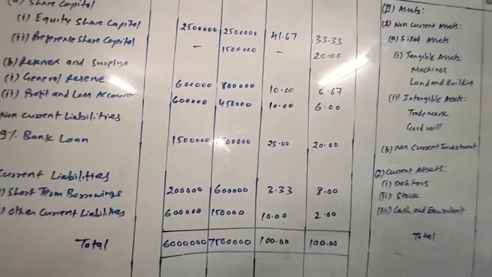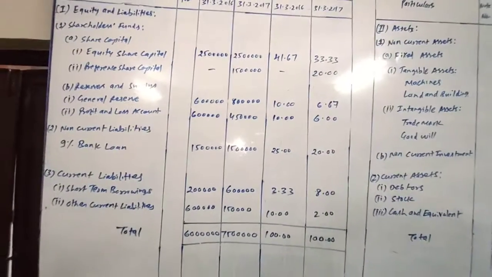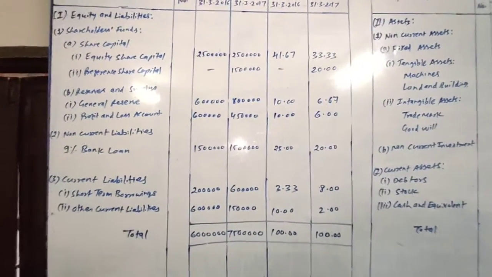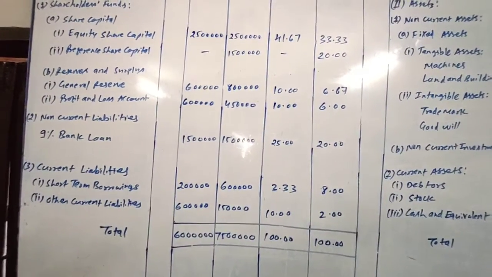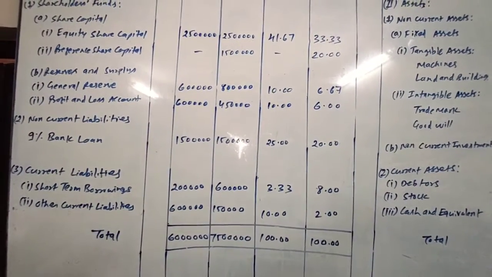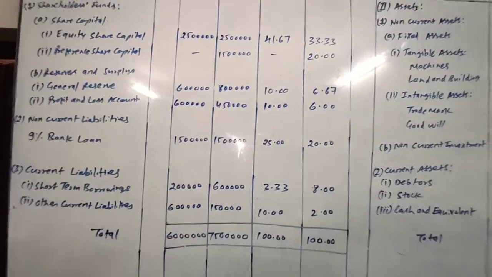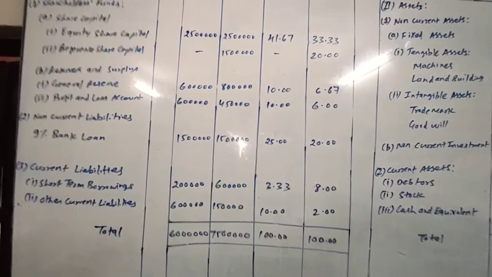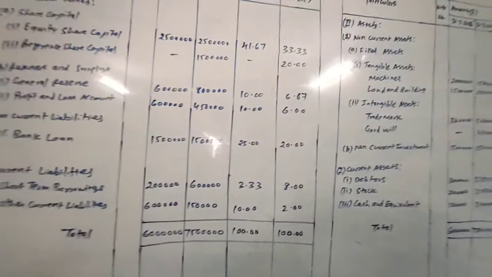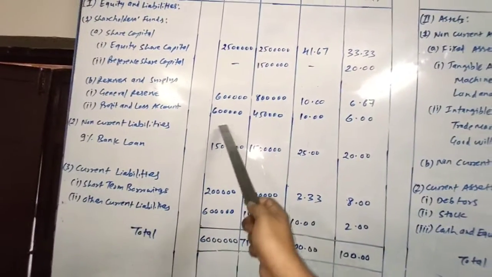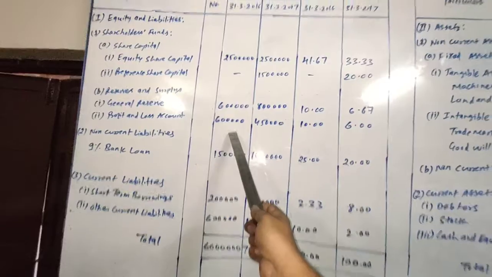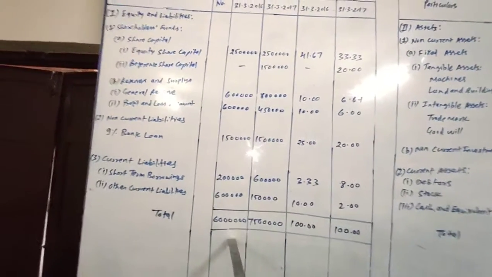And 8 lakh in the year 2017, so 8 lakh upon 75 lakh, which is the total of 2017, into 100, we get 6.67%. So 6.67 in the column of percentage. Next is profit and loss account, 6 lakh in the year 2016 out of the total of 60 lakh.